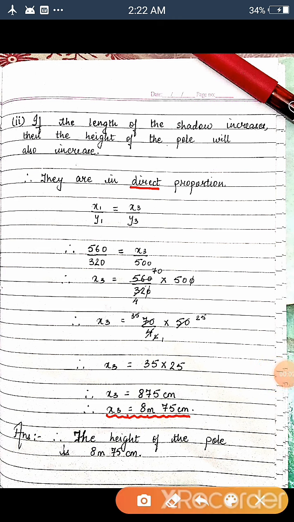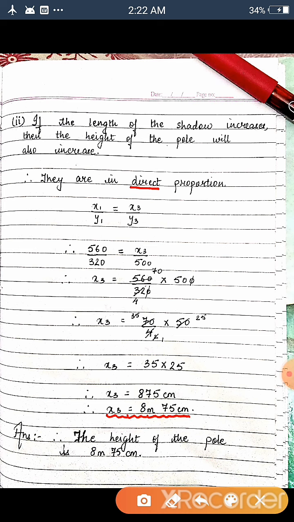Now we come to the next part, that is, you have to find the height of the pole which will cast a shadow of 5 meters long. As the length of the shadow has increased, the height of the pole must have also increased. Therefore, they are in direct proportion. So we'll apply the formula x1 upon y1 is equal to x3 upon y3.